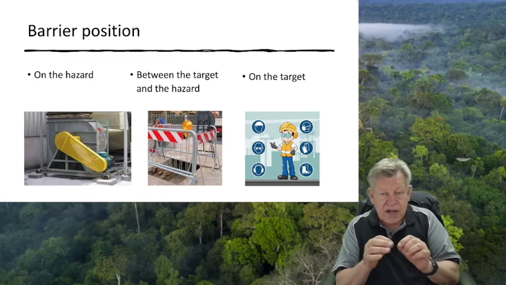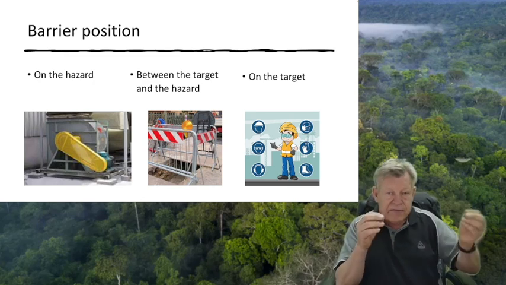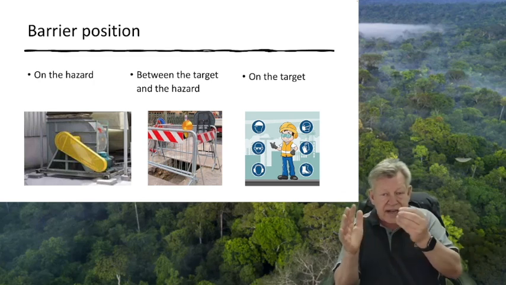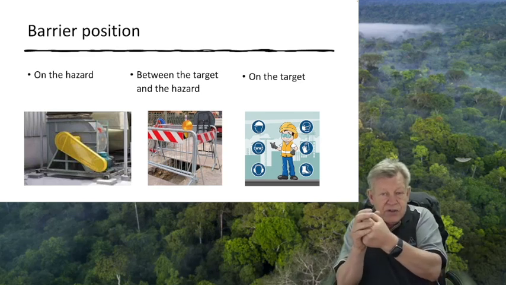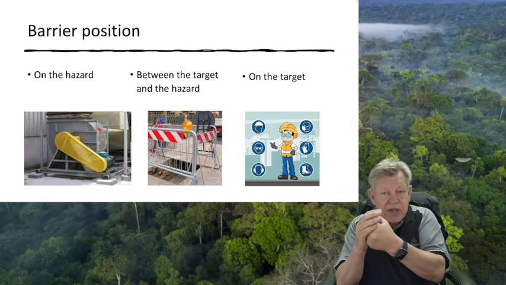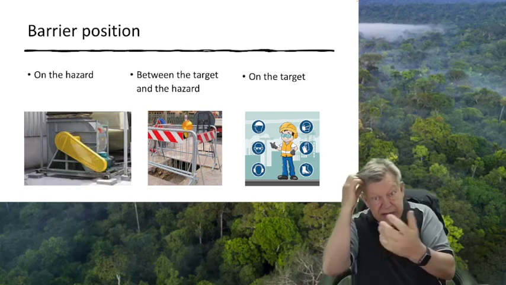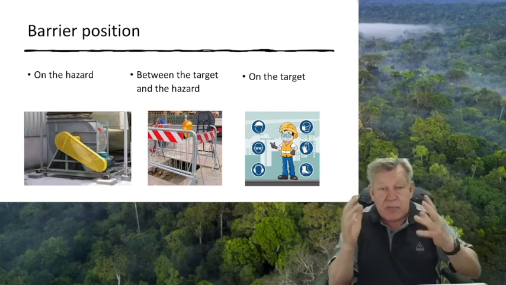Or the other thing that we want to do is if the hazard contacts the target, I want to be able to absorb that energy into the barrier so that the target is not harmed. An example, for instance, is a bulletproof jacket.